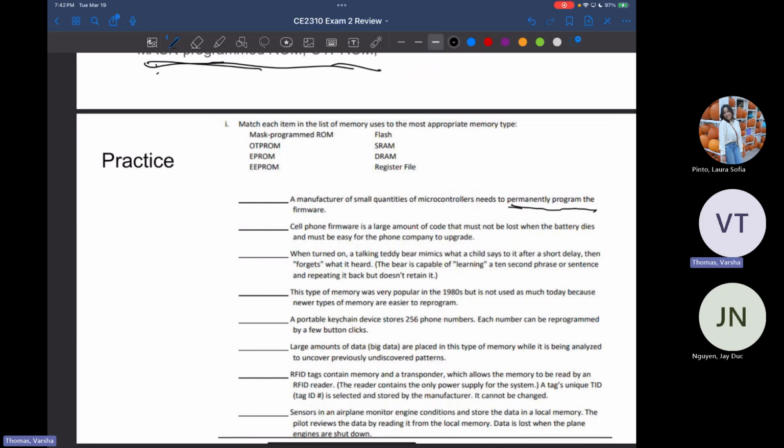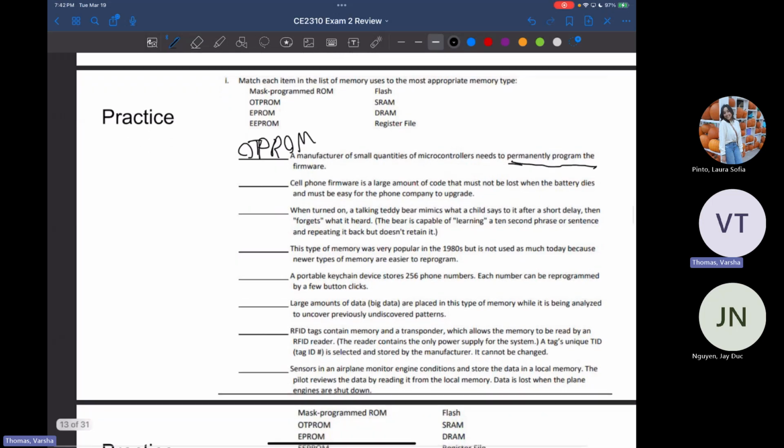This gives an idea of something that's unique. And when I think about it, we know that OTP-ROM stands for one time programmable ROM. So once you program it, you can't reprogram it again. So this will have to be OTP-ROM. I think it's pretty obvious.